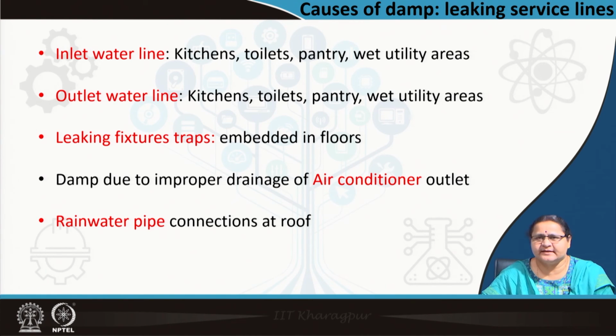What we discussed earlier, our known enemy, the groundwater and the rainwater, can be taken care of when we are designing the building or executing the construction. But for leakages from service lines, one has to be very careful and maintain the building regularly to avoid damp happening from these points.